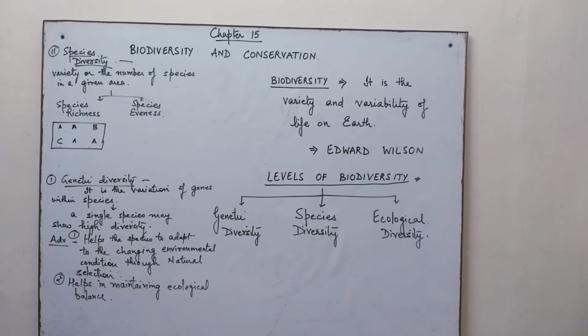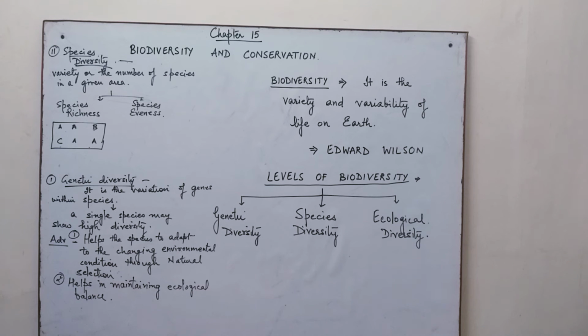On the contrary, species evenness is the number of individuals of the different species, which leads to more variety. So there are three species over here, and the proportion is 1 to 1 to 4.